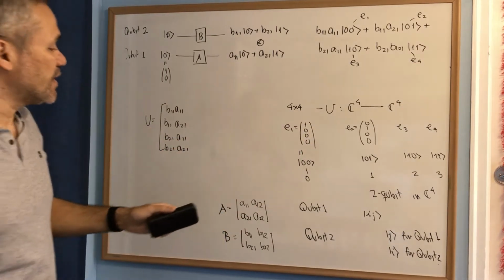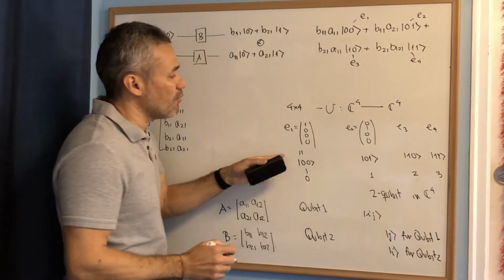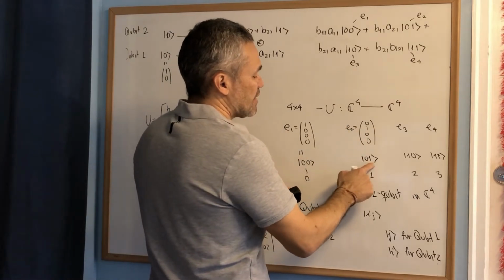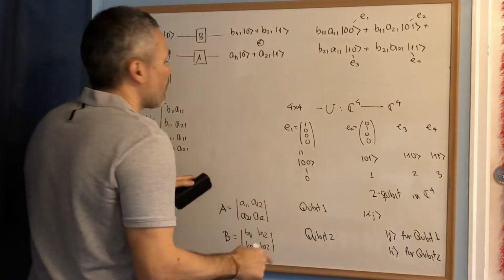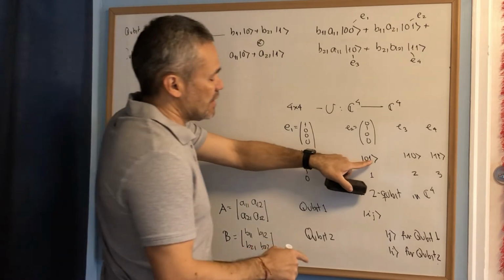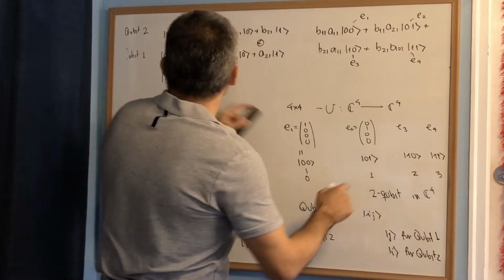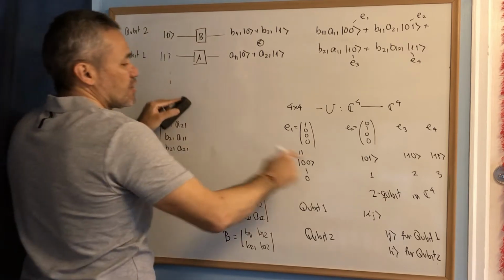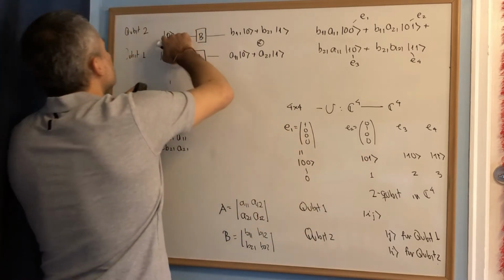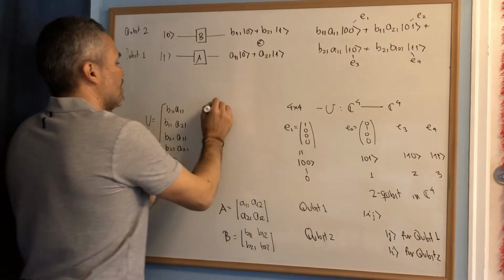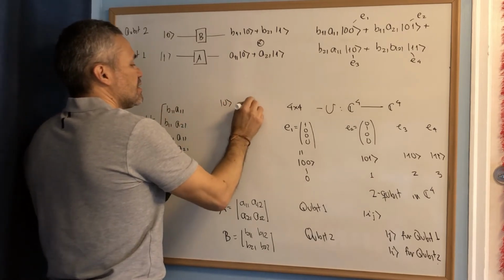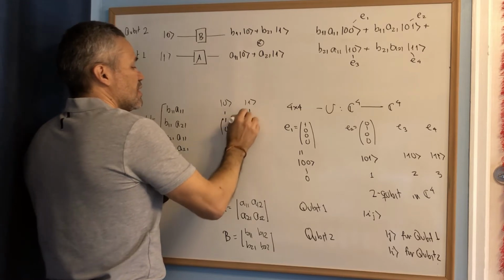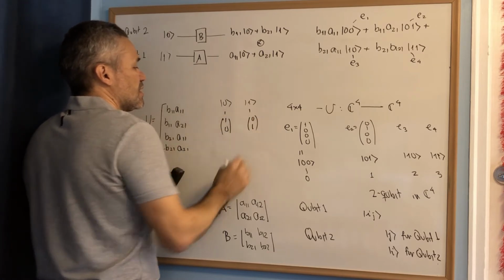What is going to be the second column? For the second column, we need to see the action on E2, but E2 is given by this state 01, and this state means that qubit 1 is in state 0, and qubit 2 is in state 1. Remember the interpretation: this is the vector 1 0 and this is the vector 0 1.